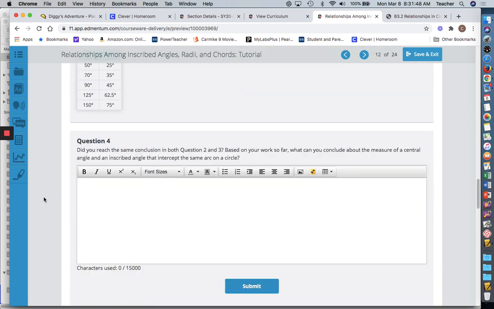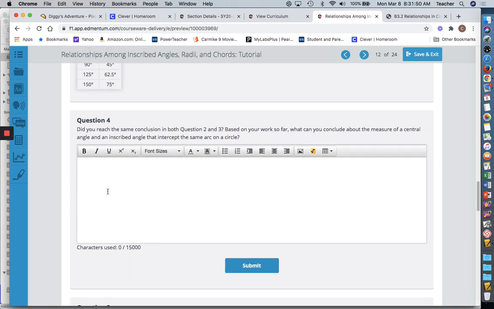All right, question number 4. Did you reach the same conclusion in both question 2 and 3 based on your work so far? What can you conclude about the measure of the central angle and the inscribed angle that intercepts the same arc? Well, one more time. They are going to be the exact same. I'm sorry, they're not going to be the exact same. You're going to take the central angle and divide by 2 to get the inscribed angle.